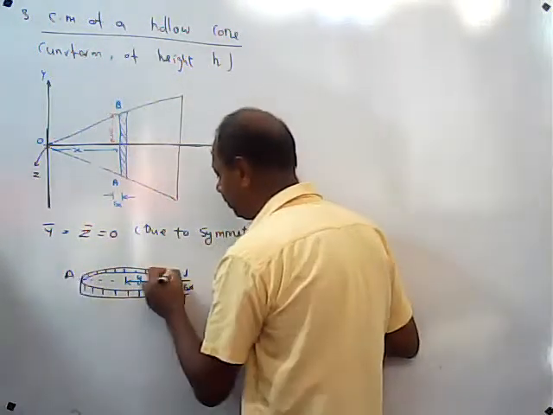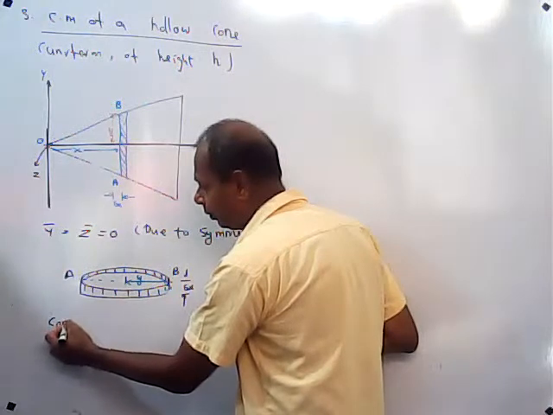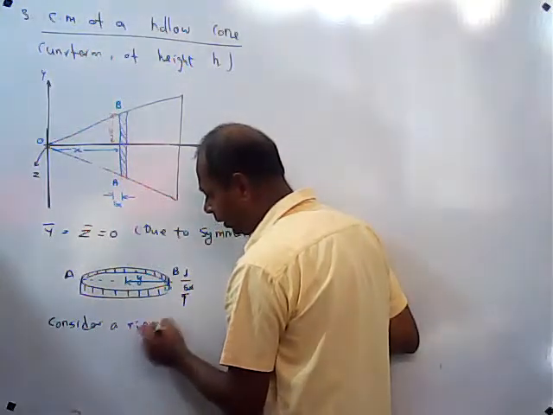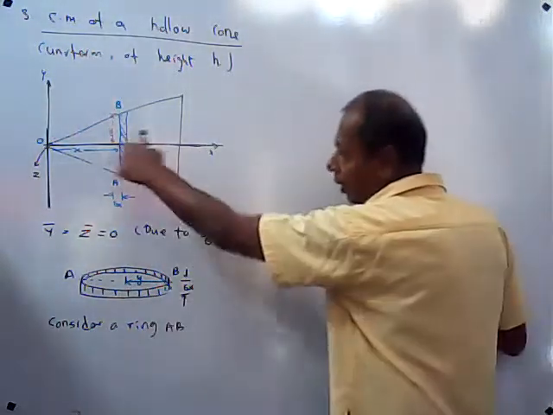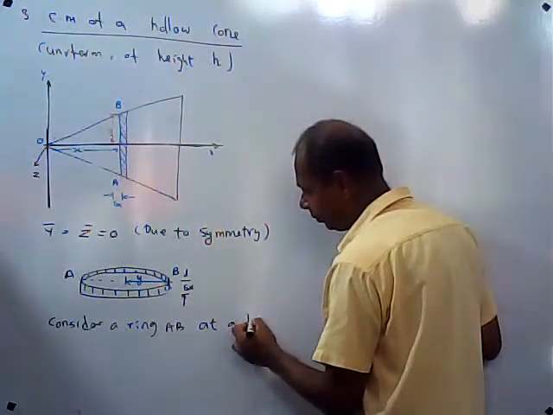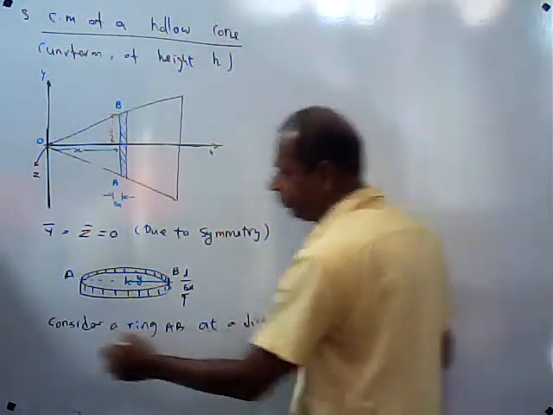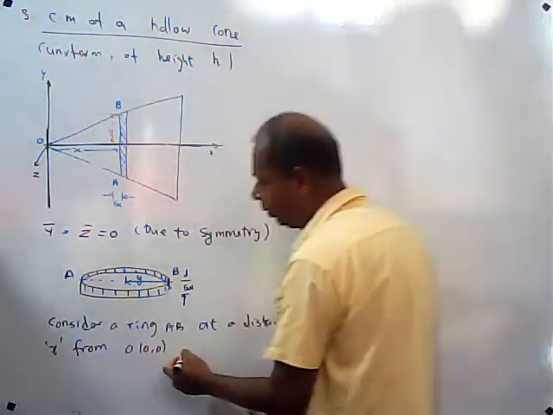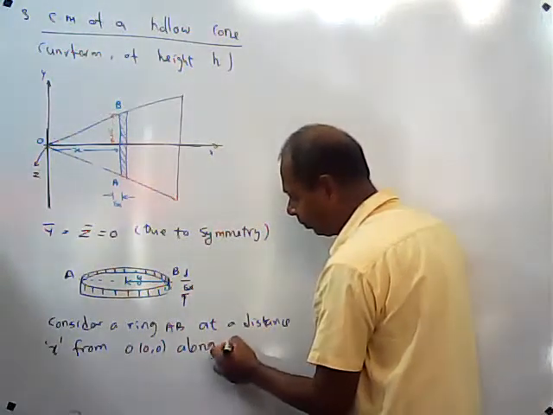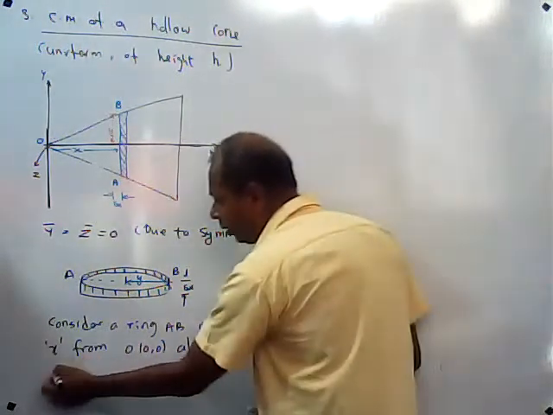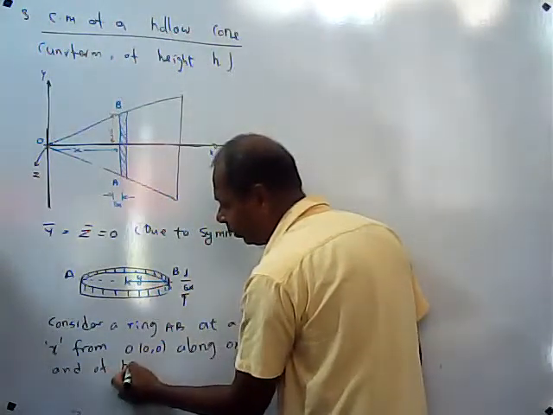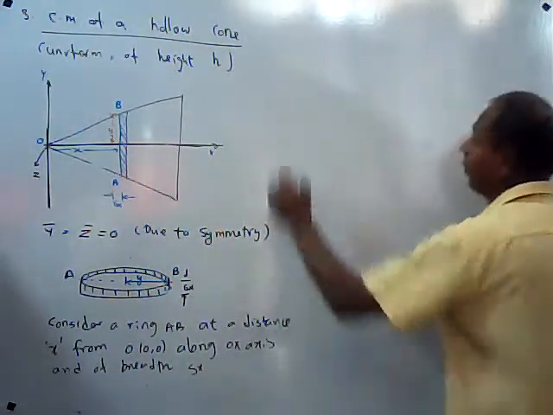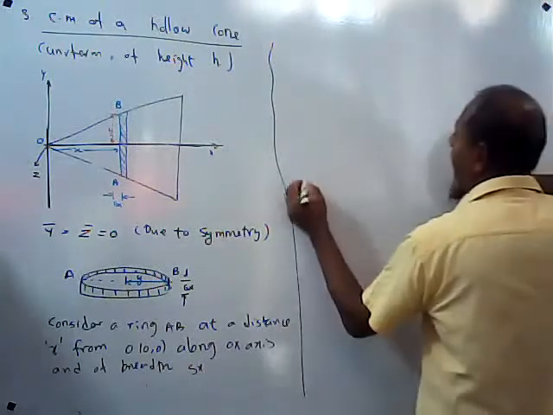Consider a ring AB at a distance x from O along the x-axis, and of breadth delta x, right? So we are going to finally substitute in this definition.